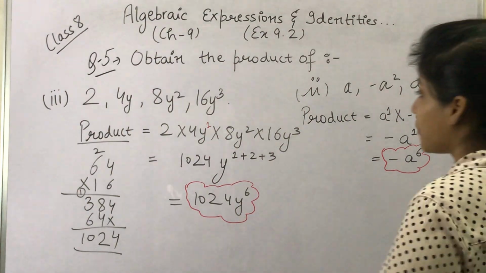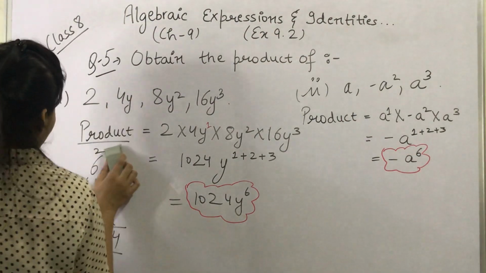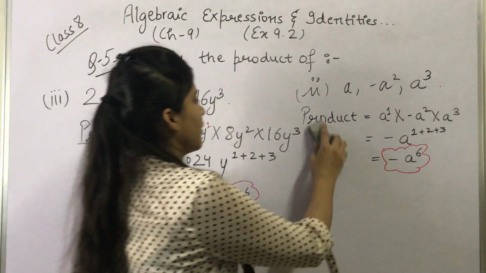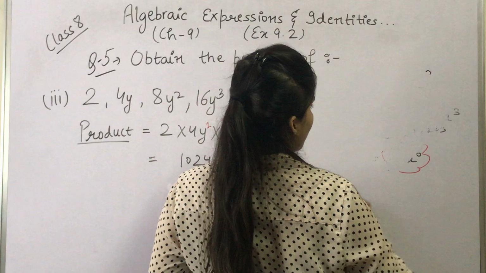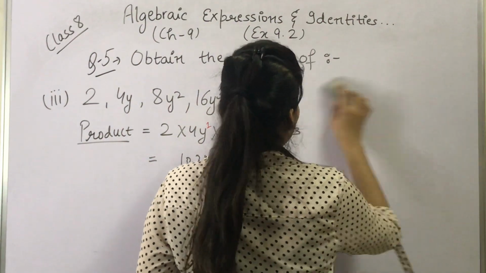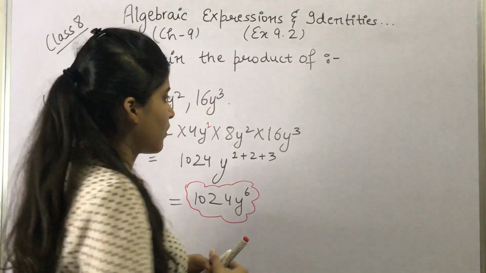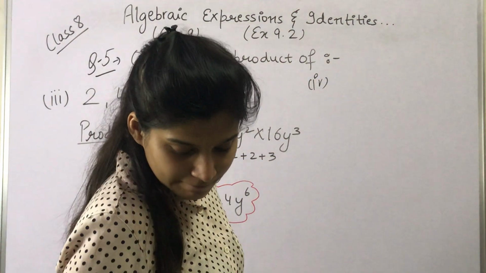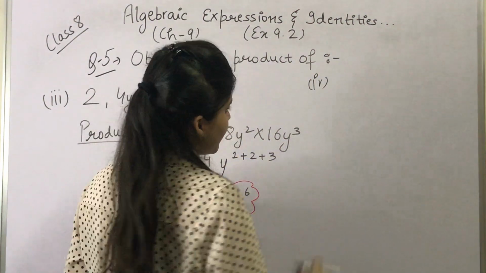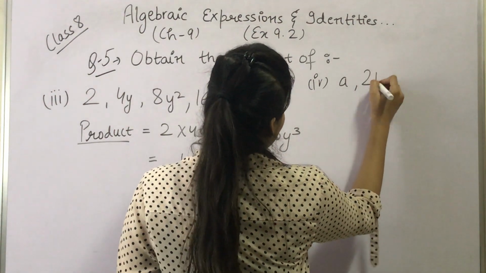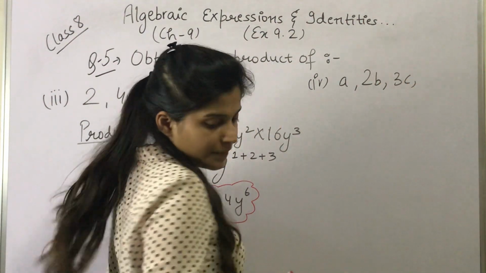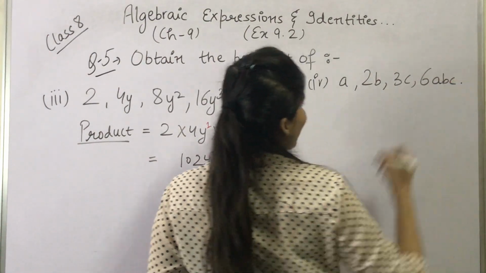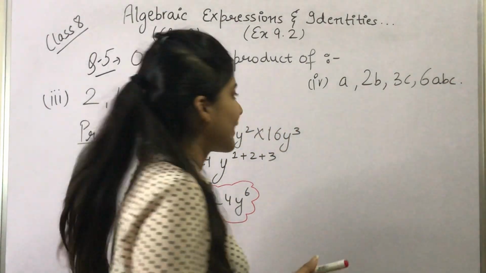Now let's come to the fourth part, children. So fourth part is a, 2b, 3c and 6abc. So we have these four monomial expressions.